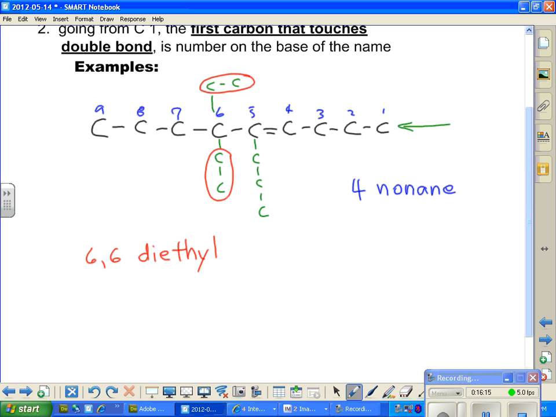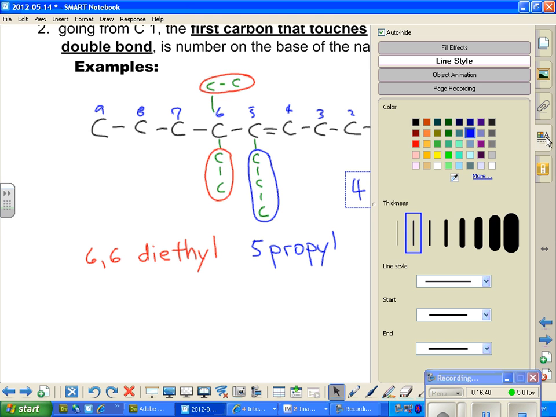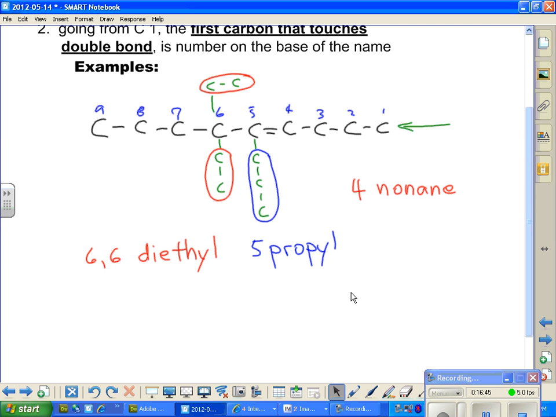And then on number 5, I've got another kind of group, a propyl group, and he's on 5, so we say 5 propyl. Let's change the color and make him red. So now we have 5 propyl, 4 nonane. So 6, 6 diethyl, 5 propyl, nonane.